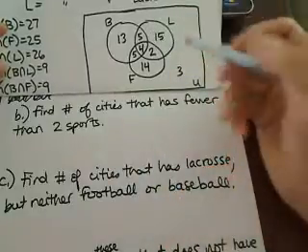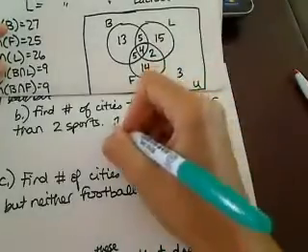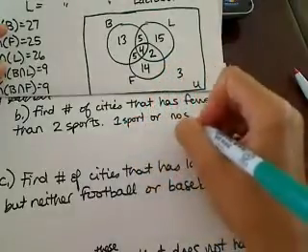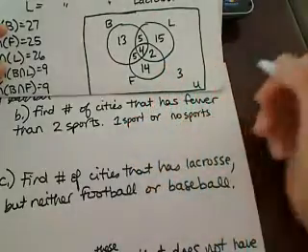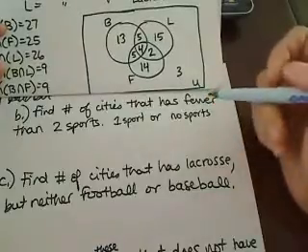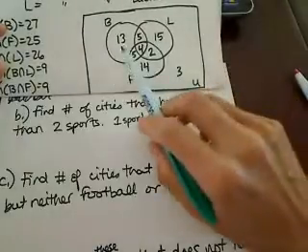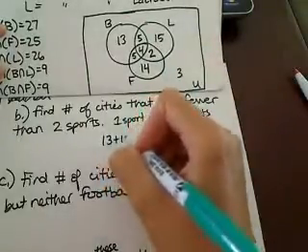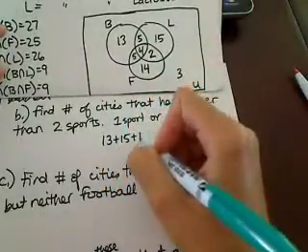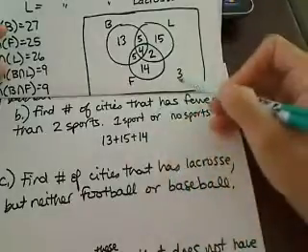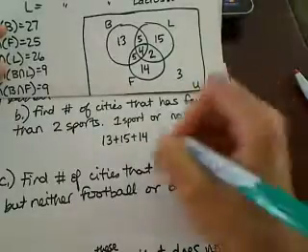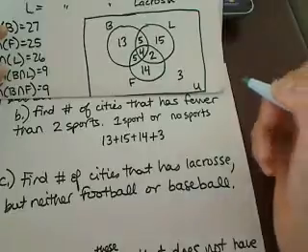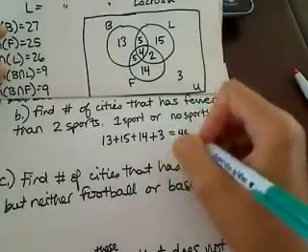If you have fewer than 2 sports, it means that you have 1 sport or you have no sports. So that's what we're looking for. We're going to combine those 2 regions on our Venn diagram. For 1 sport, there's these regions here, the 13, the 14, and the 15. And for no sports, it's out here. So there's going to be 3 cities that have no sports. If you add those up, you're going to get 45.